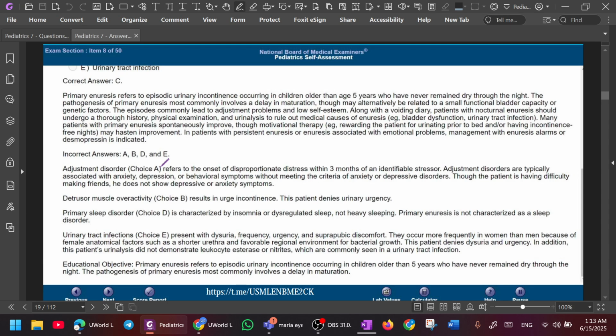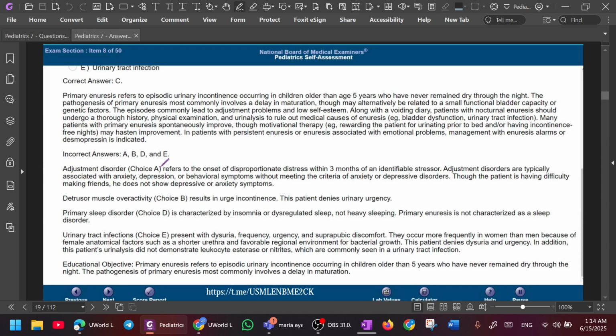Primary enuresis refers to episodic urinary incontinence occurring in children older than 5 years old who have never remained dry throughout the night. The pathogenesis of primary enuresis most commonly involves a delay in maturation, though it may alternatively be related to a small functional bladder capacity or genetic factors. The episodes commonly lead to adjustment problems and low self-esteem, along with avoiding social situations.